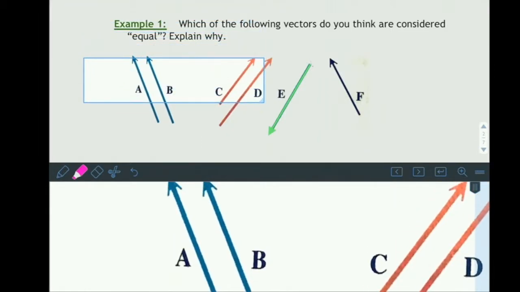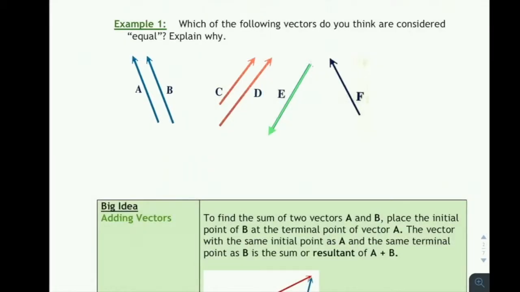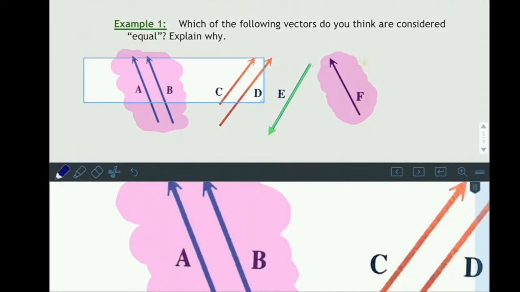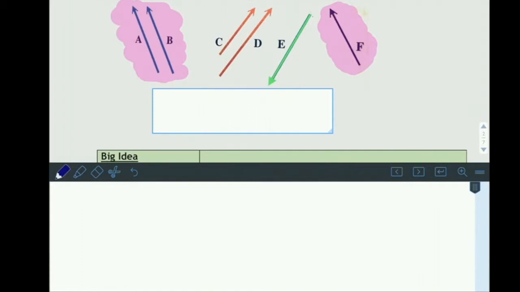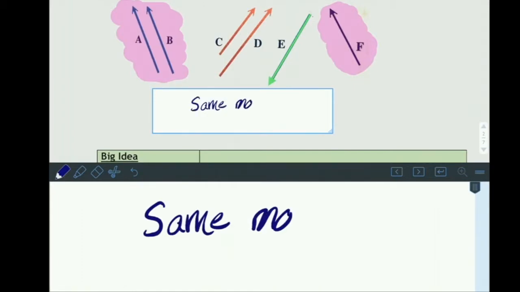Vectors A and B look like they have the exact same magnitude, so same length, and they're pointed at the same angle, so same direction. So I'd say vectors A and B are equal. And I would also say that vector F, it looks like, is equal to those two as well. I don't think you have any other vectors that are equal to one another. In order to be equal, they have to have the same magnitude and the same direction.